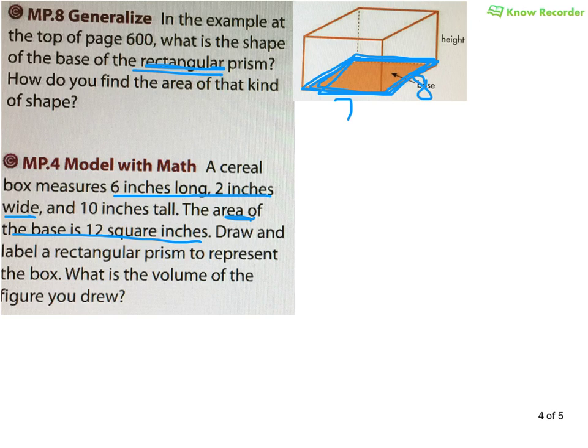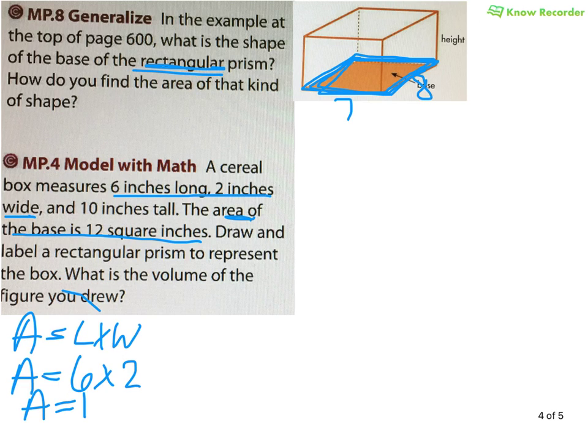But if I look at what I just underlined, 6 inches long, 2 inches wide. This is an area of 12 square inches. Well, area equals length times width. And if I fill in what these words are associated with, they already did it. So all I have to use is the 12 and the 10.